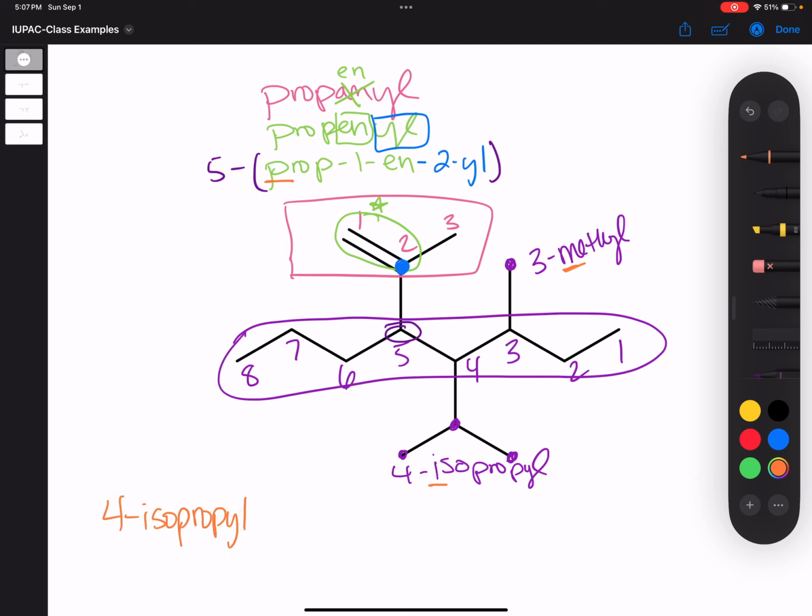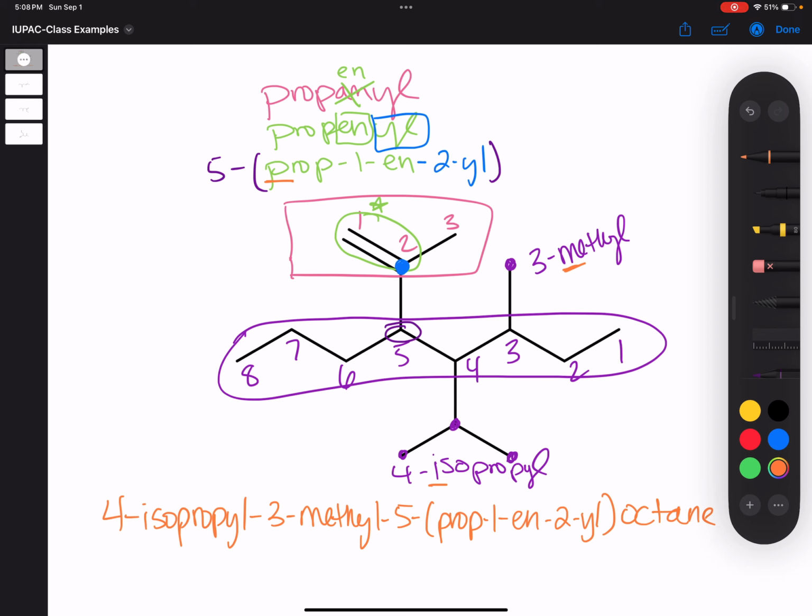Now M versus P, L, M, N, O, P. So then my 3-methyl comes first. Then I have my 5-(prop-1-en-2-yl). And then my parent chain had 8 carbons, so that is going to be octane.